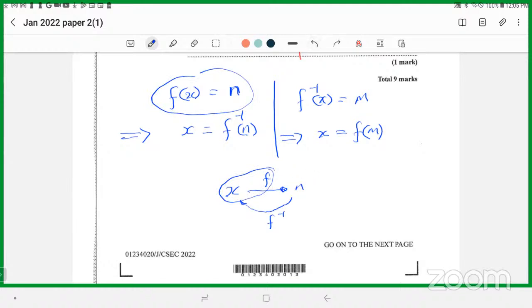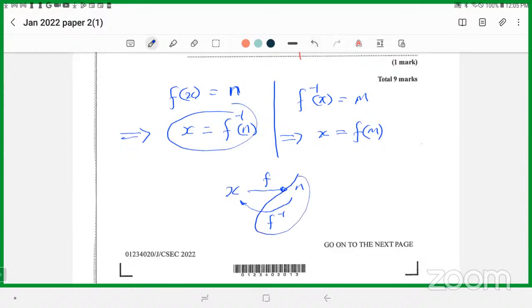And then this statement is saying f to the minus 1 of n is equal to x. That's how it works.